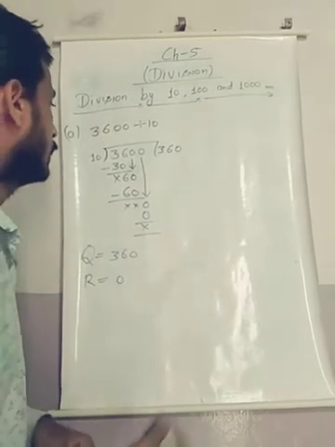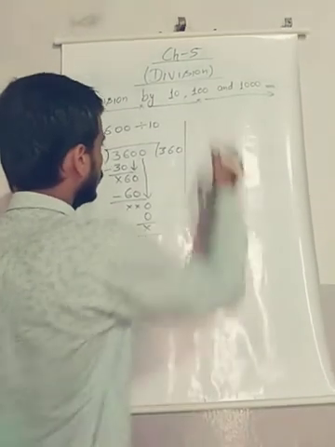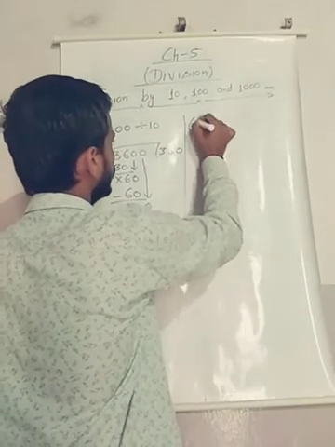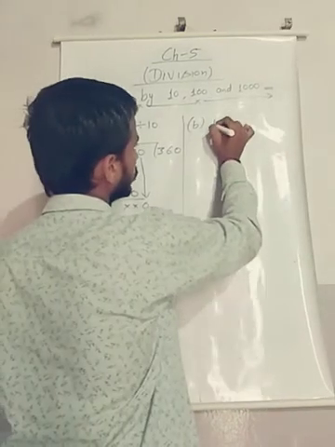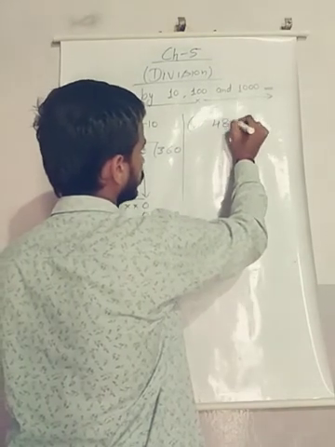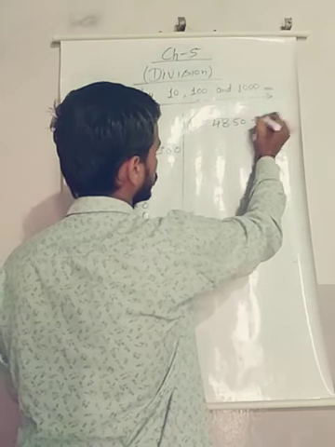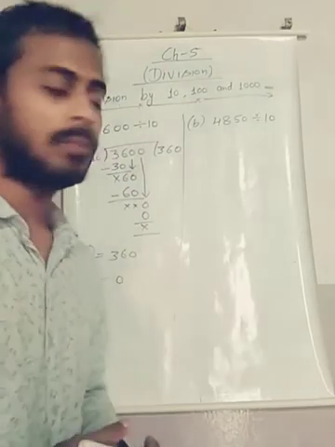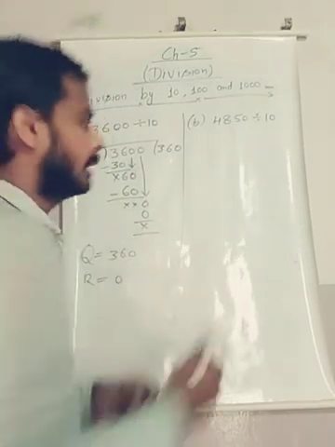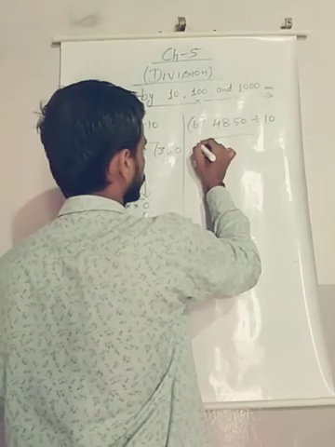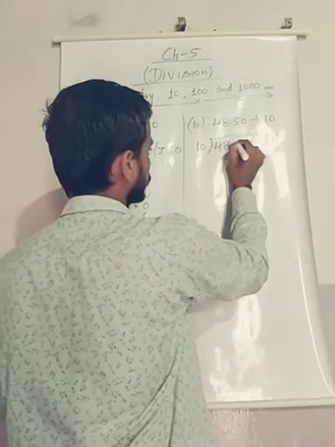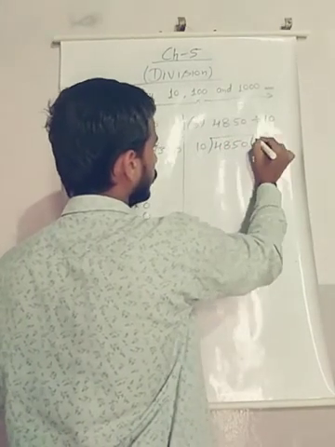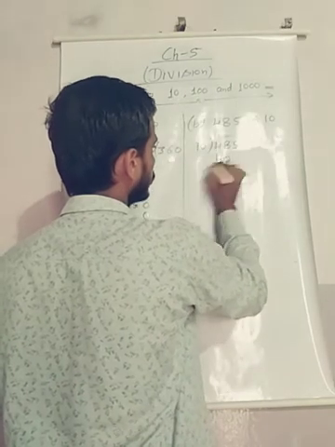Okay, so now take another example. 4850 divided by 10. Ten fours are 40.